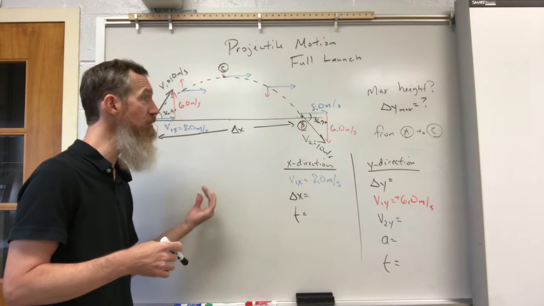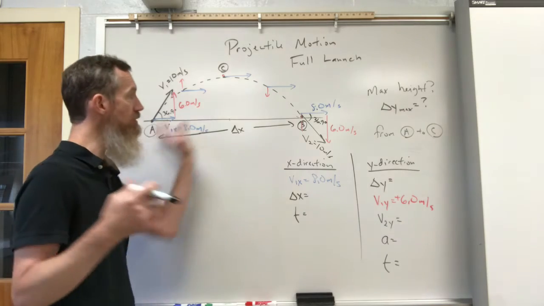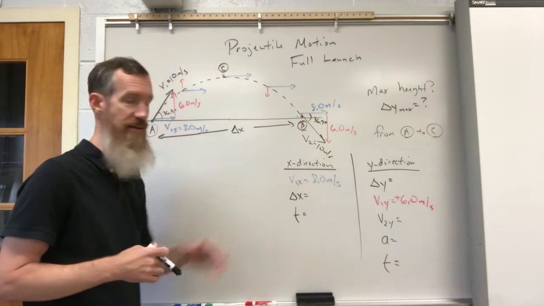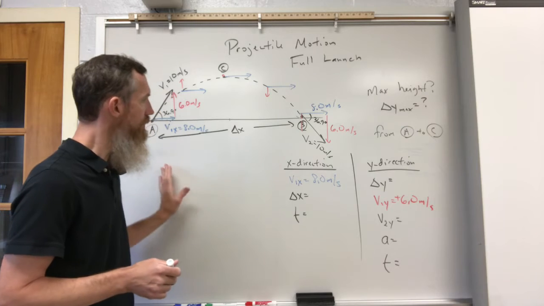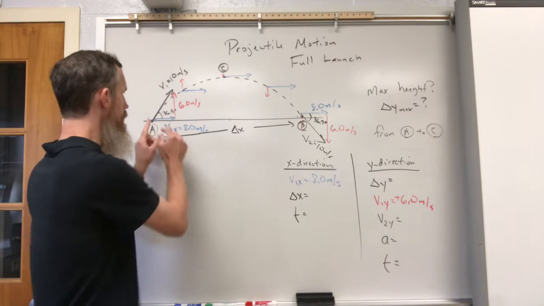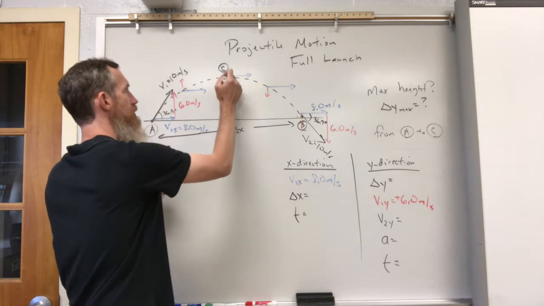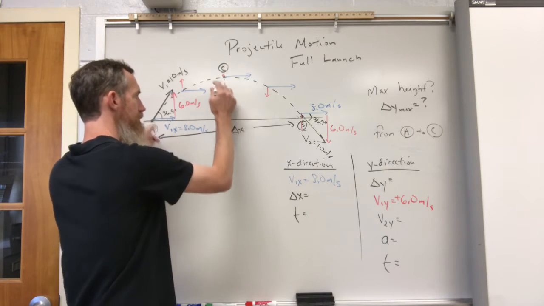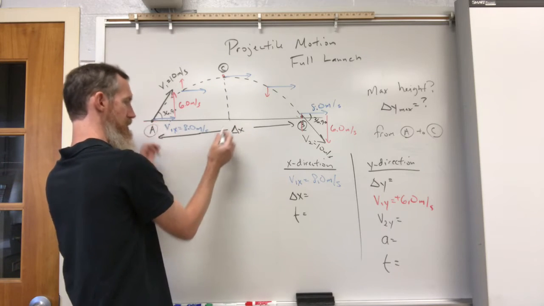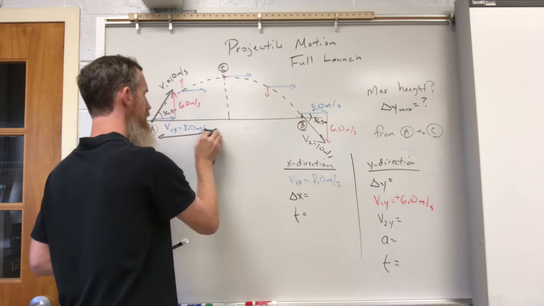Or maybe you were just given find max height and you didn't do the range and the hang time. So in the x direction, we know it goes from here to here. In this particular part of the problem, we're not doing the full range.